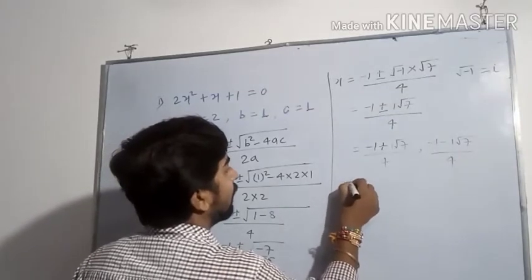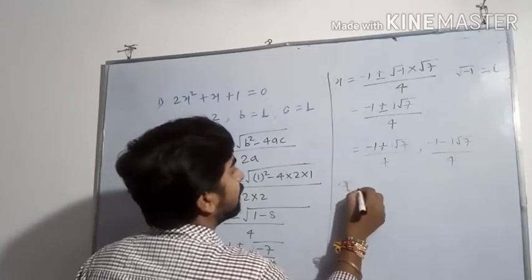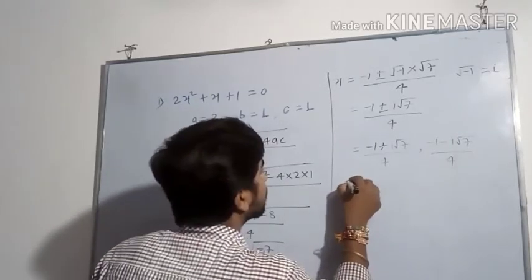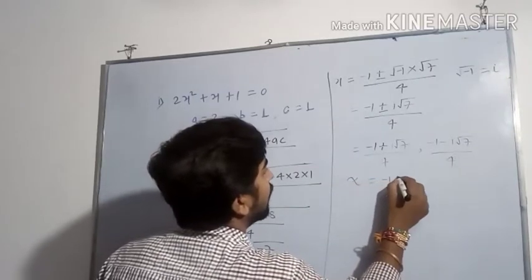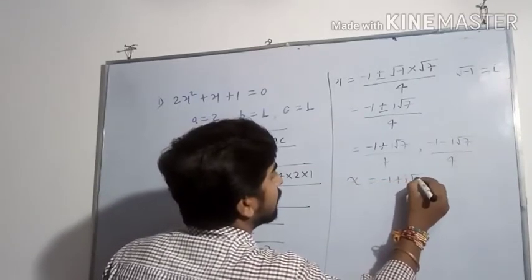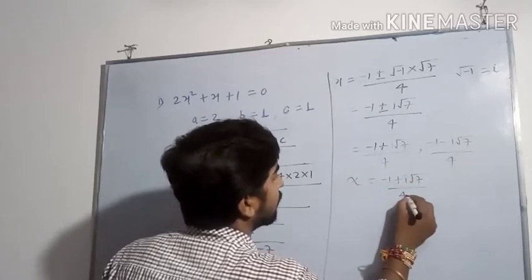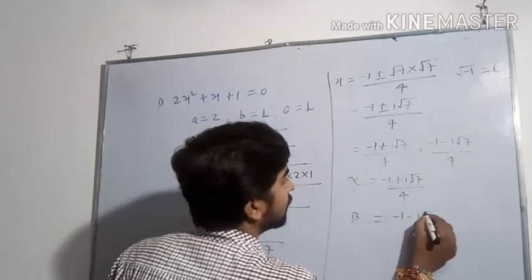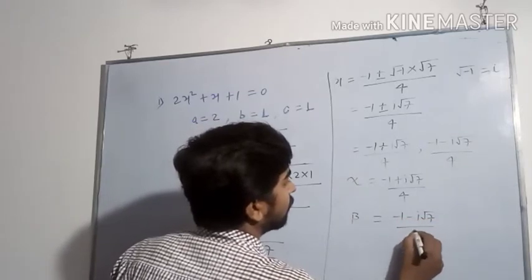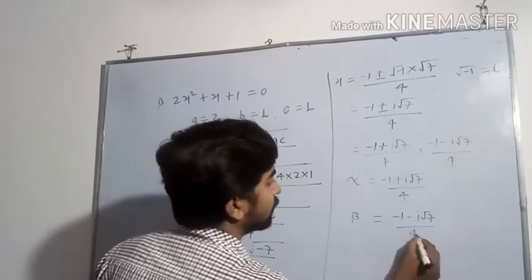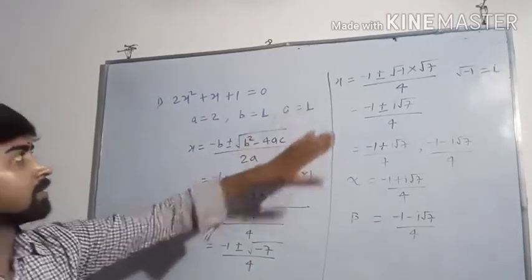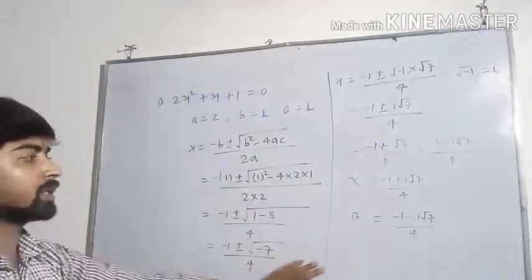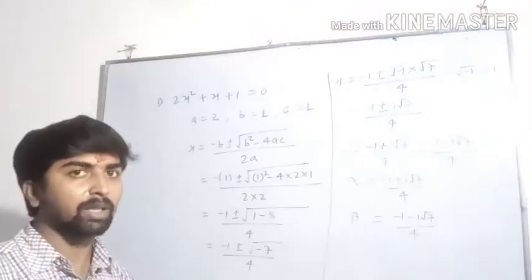We represent them by alpha and beta. So alpha equals minus 1 plus I under root 7 upon 4, and beta equals minus 1 minus I under root 7 upon 4. These are the two values of the variable x in this quadratic equation, and they are called the roots, the solution of this quadratic equation.